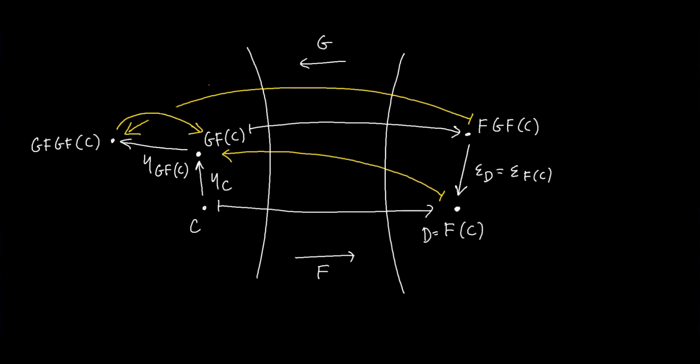So we've got here epsilon G applied to the functor G applied to epsilon of F of C. So it's interesting that now the eta and the epsilon are kind of going opposite ways.